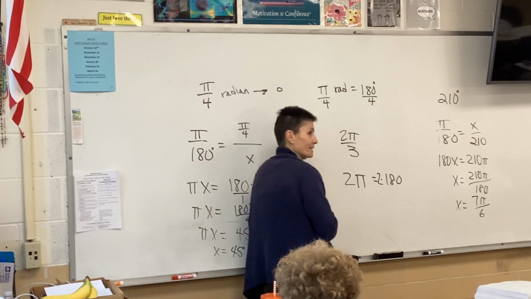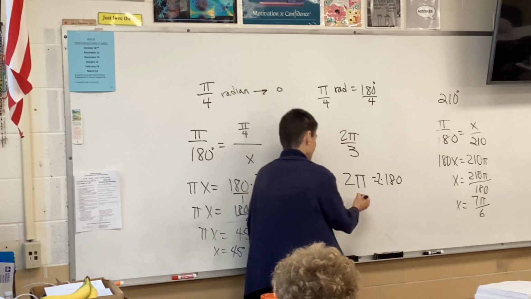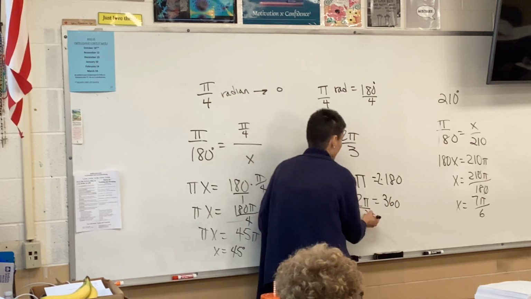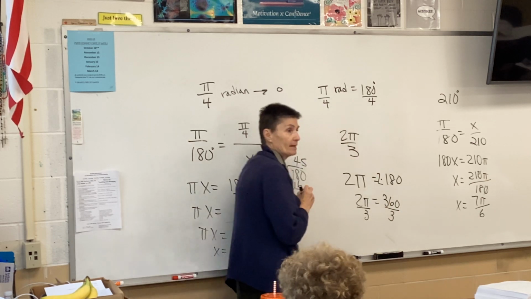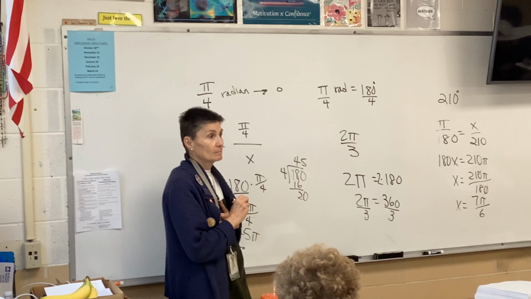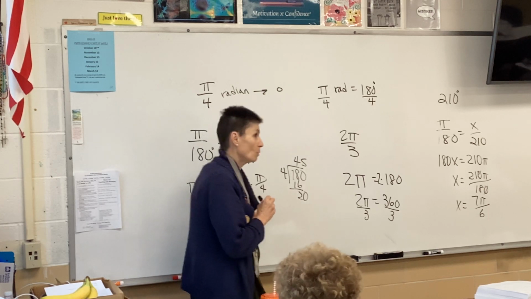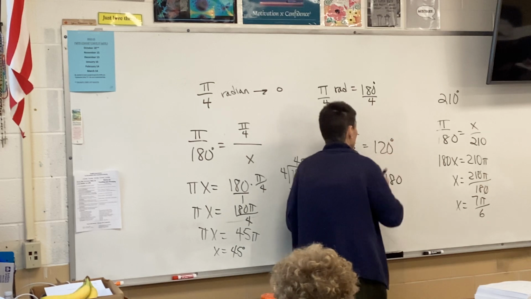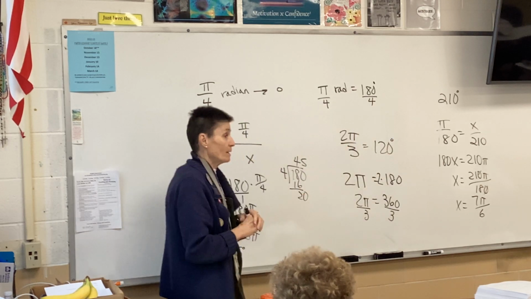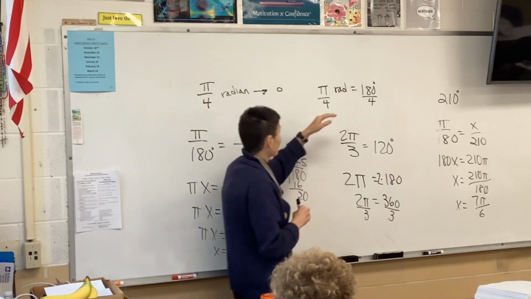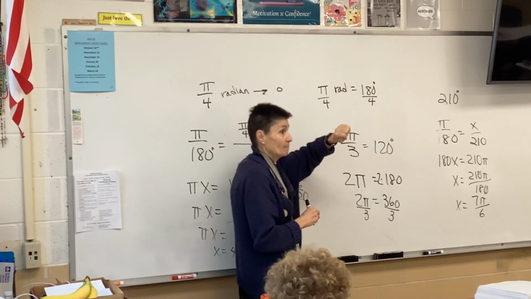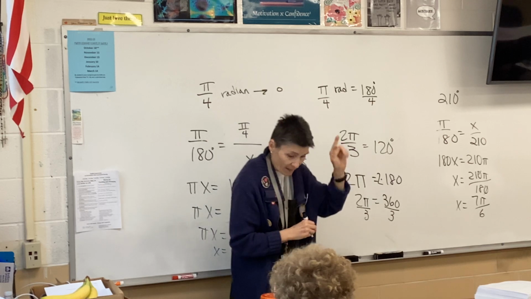What will 2 pi's be? 360. And what will a third of that be then? 120. So you can always do these problems. If they have a pi in it, you can always go back to that beginning relationship. Pi is 180. I think that's a little easier.